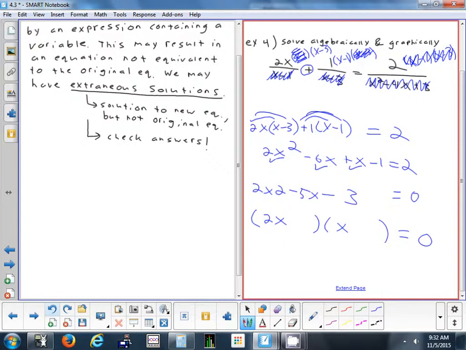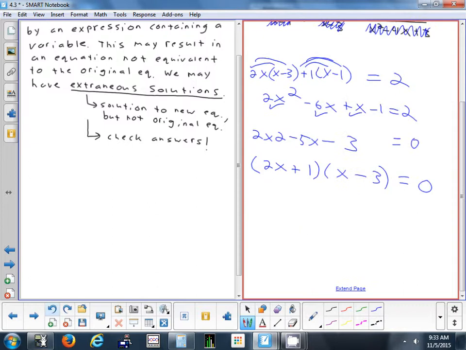I would need two numbers that multiply to give me 3. 1 and 3. And let's try plus minus or minus plus? Plus minus. I think plus minus is going to work. 2 times negative 3 is negative 6. Plus 1 is negative 5.